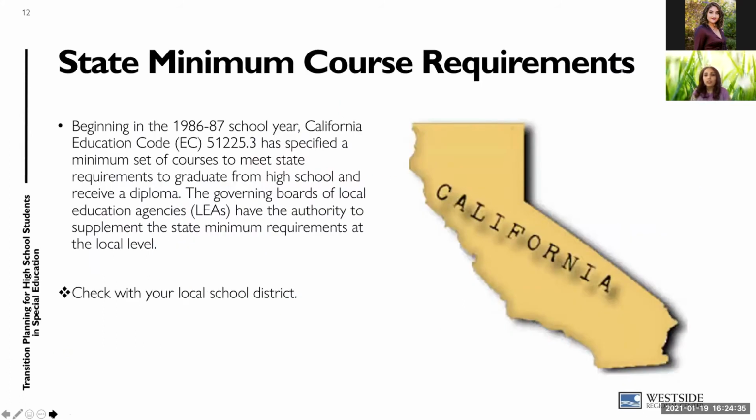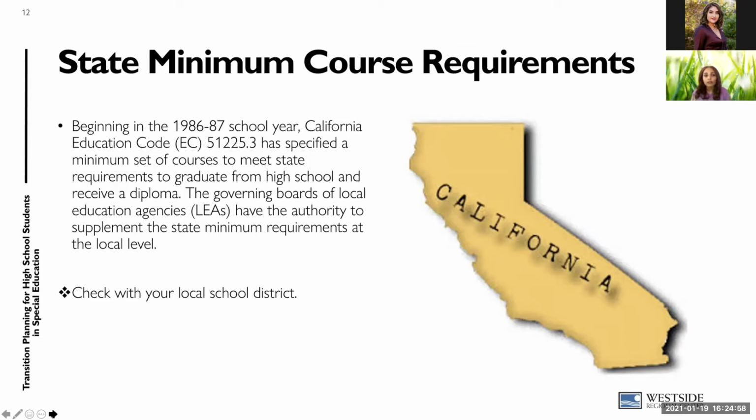So each state has set up their own minimum requirement. These are minimum requirements that a student is allowed to complete to be able to graduate with a diploma in that state. However, local districts are able to create their own requirements.